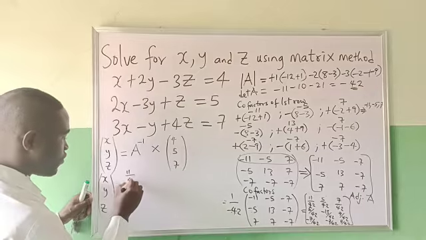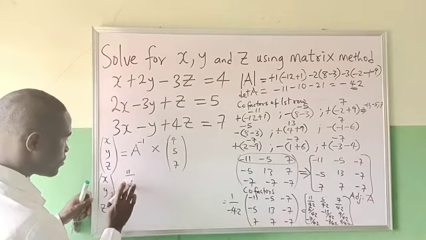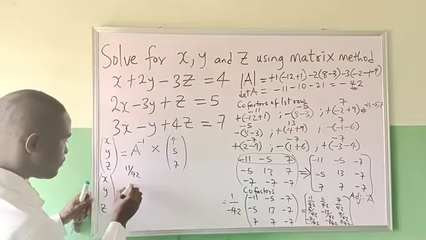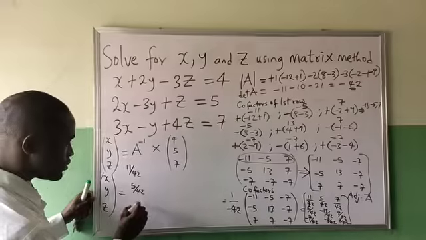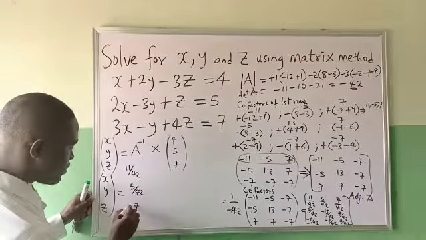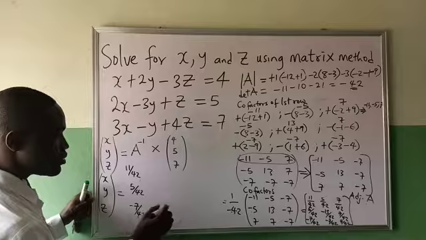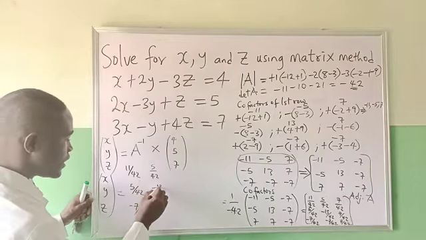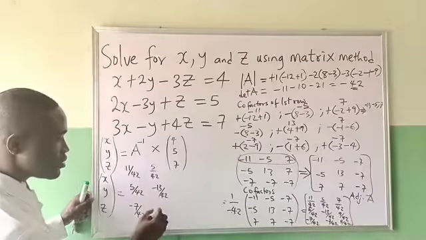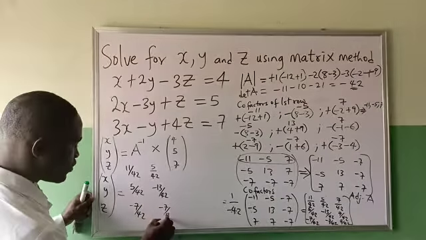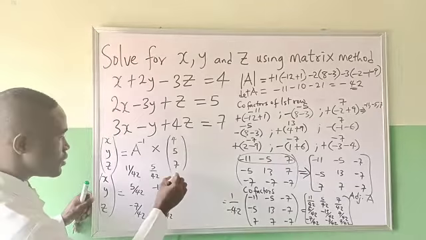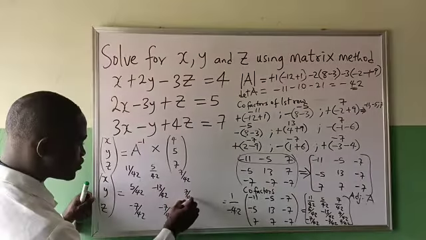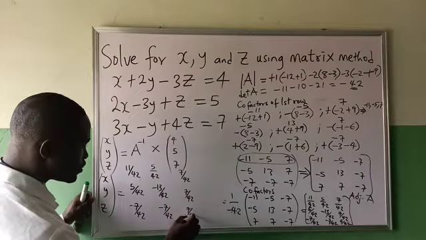11 over 42, 5 over 42, 7 minus 7 over 42, 5 over 42, minus 13 over 42, minus 7 over 42. Then 7 over 42, 7 over 42, 7 over 42.